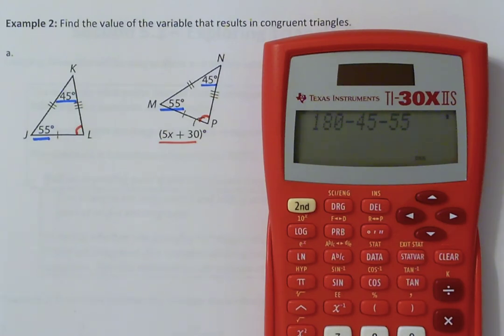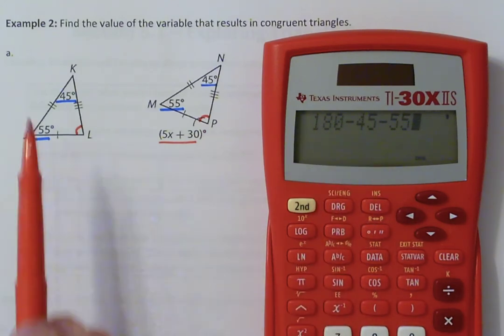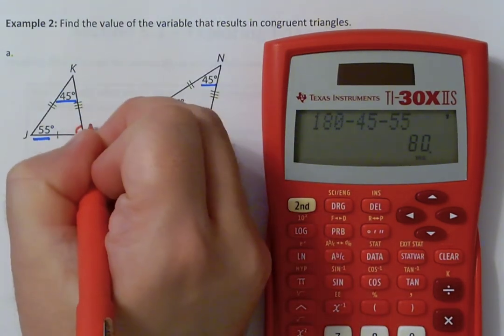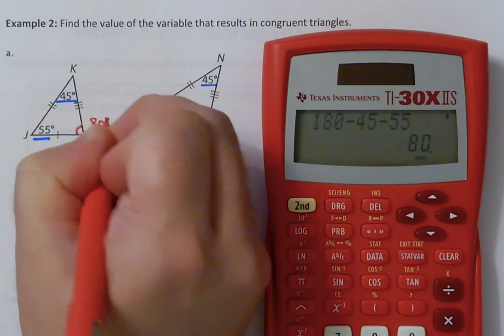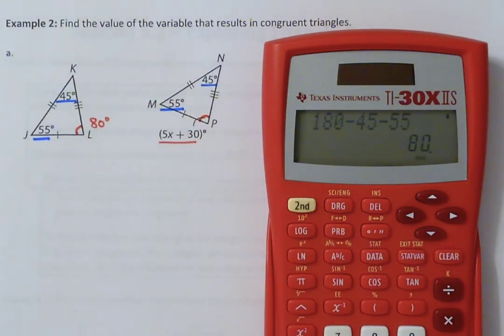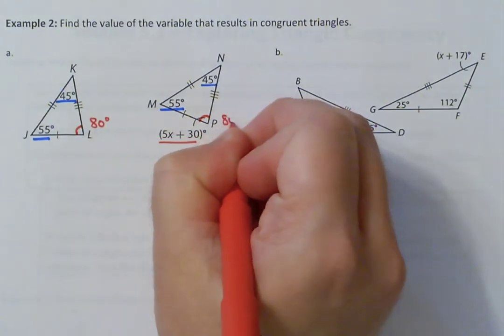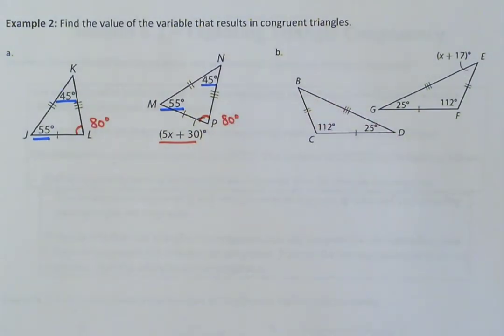Any time they give you two angle measures, you can always find the third angle measure by taking 180 and subtracting the two known angles. If I do that, we get 80 degrees for angle L, which means angle P also needs to equal 80 degrees.